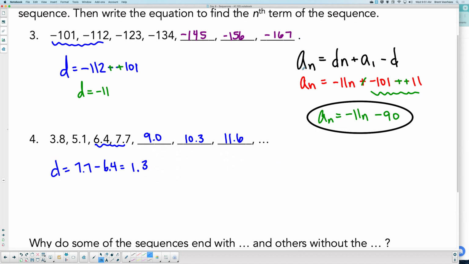My formula, it's already written right there. AN equals DN plus A1 minus D. Okay, let's plug in. What's our D on this problem?